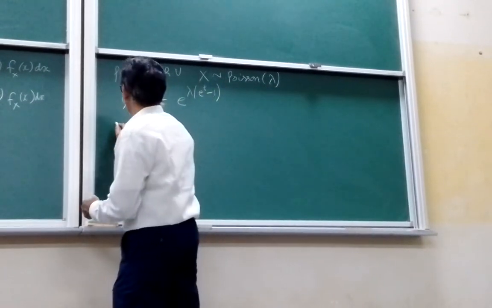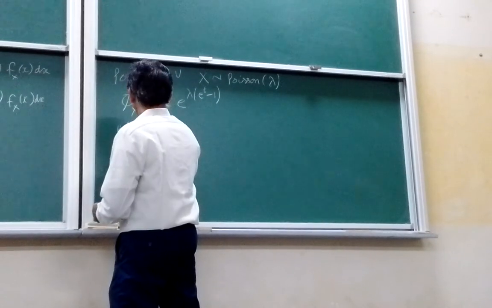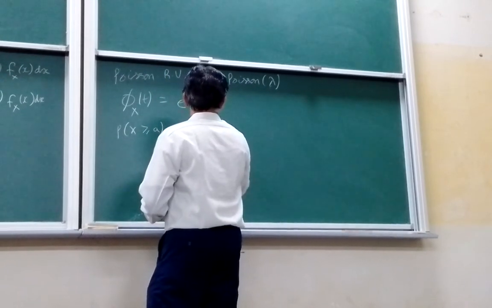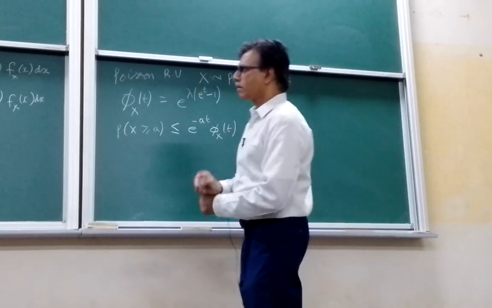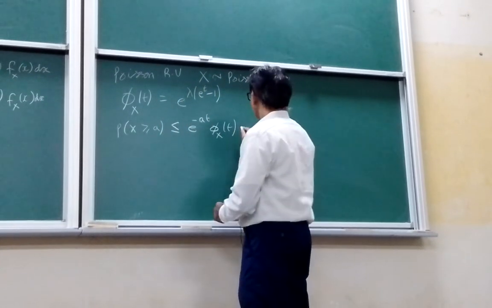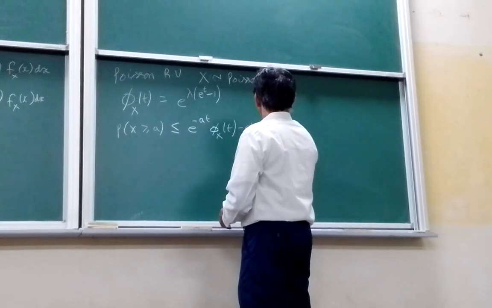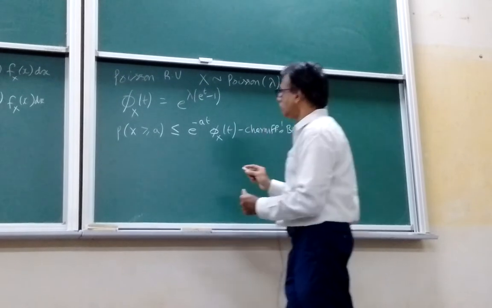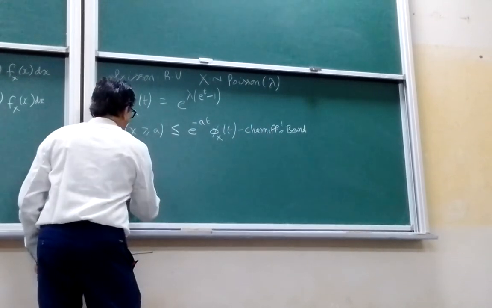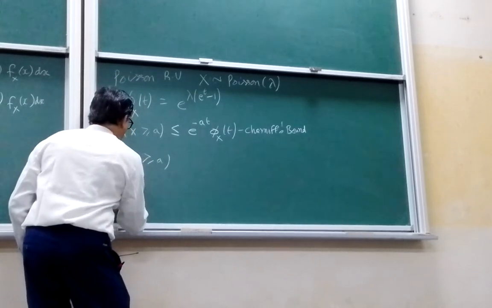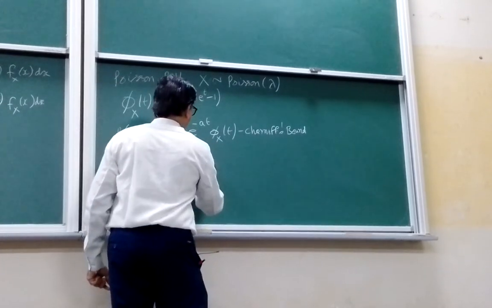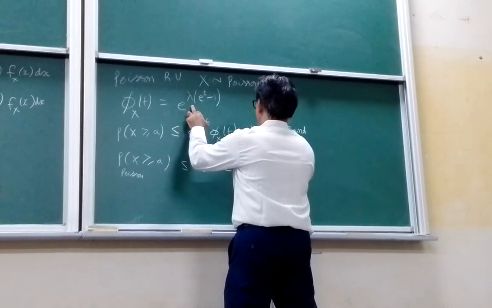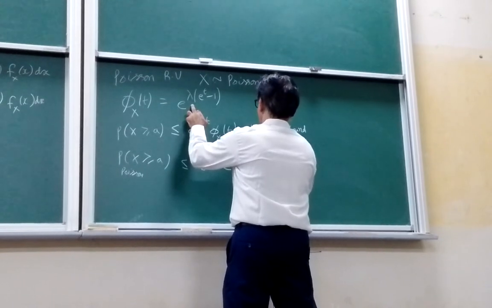So what is our Chernoff bound? That is the Chernoff bound. So apply it for Poisson: e power of lambda, e power of t into e power of minus lambda.